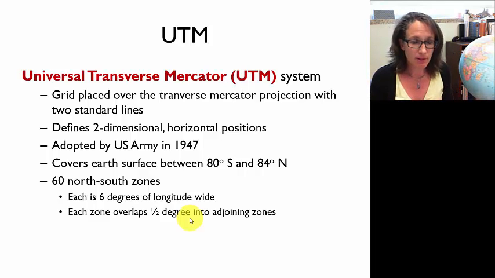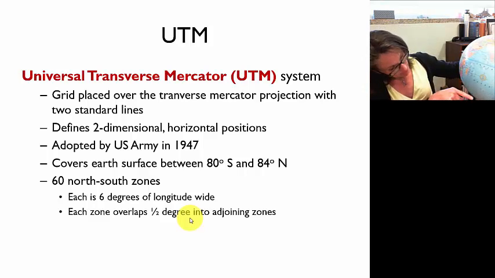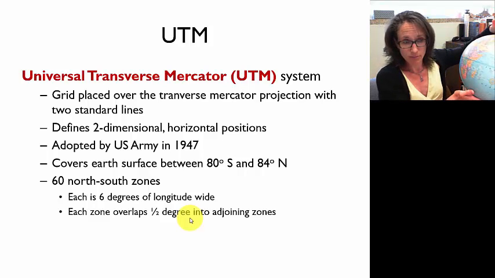And the UTM coordinate system is going to give you your horizontal position in northing and easting in meters. It was adopted by the Army in 1947, and it covers the Earth from 80 degrees south to 84 degrees north. There are different grid systems for the poles, so we can't use the UTM grid at the poles.